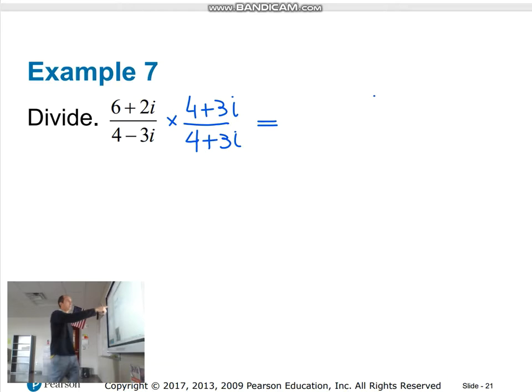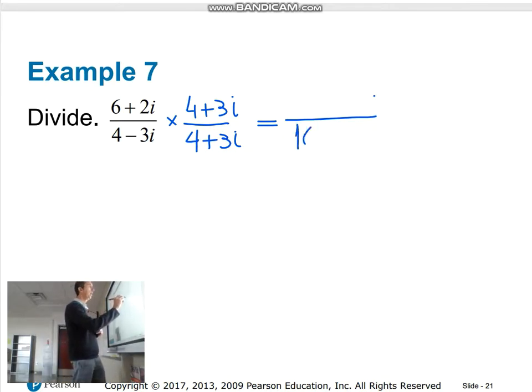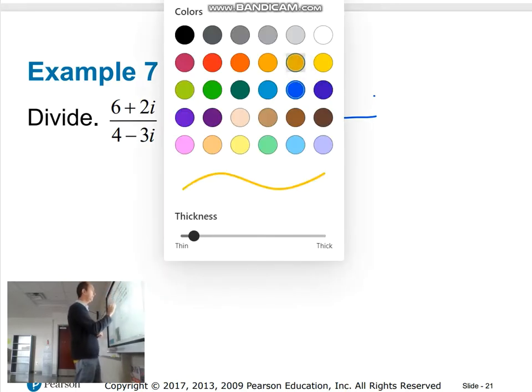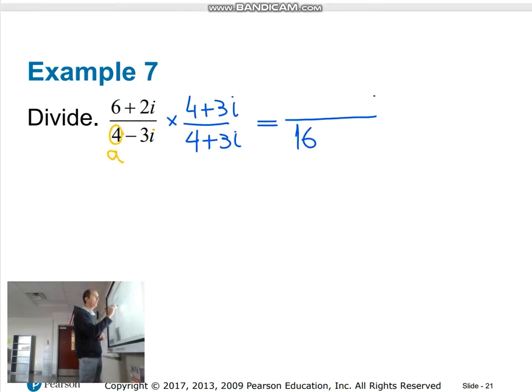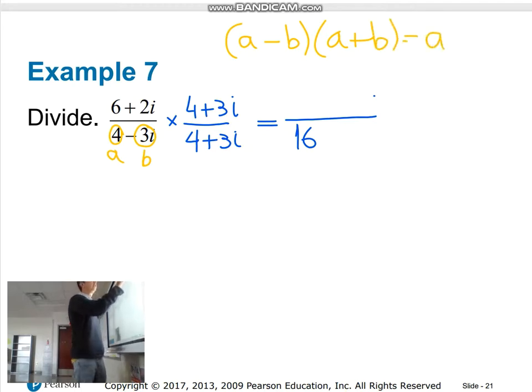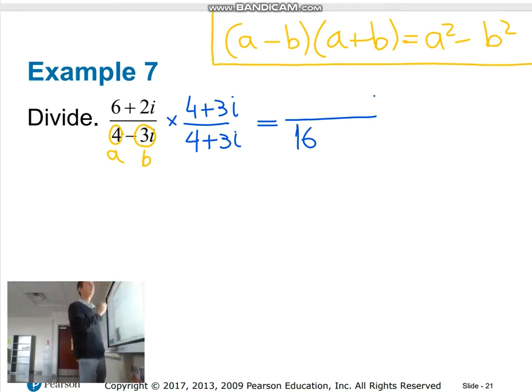Because in the denominator, we will apply the formula for the difference of perfect squares, a squared minus b squared. Just for you to remember, this is going to be a, this is b, and the formula is, let me write here on top, difference of perfect squares: a minus b times a plus b equals a squared minus b squared. This is the difference of perfect squares formula. So that's the one we will apply.